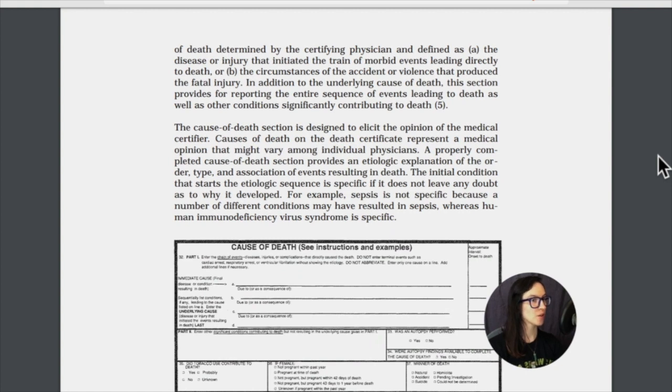A properly completed cause of death section provides an etiologic explanation of the order, type, and association of events resulting in death. The initial condition that starts the etiologic sequence is specific if it does not leave any doubt as to why it developed. For example, sepsis is not specific because a number of different conditions may have resulted in sepsis, whereas human immunodeficiency virus syndrome is specific.